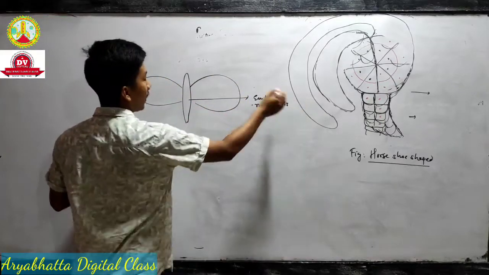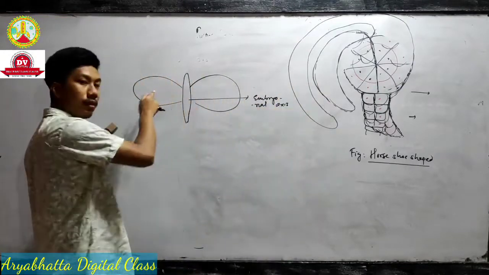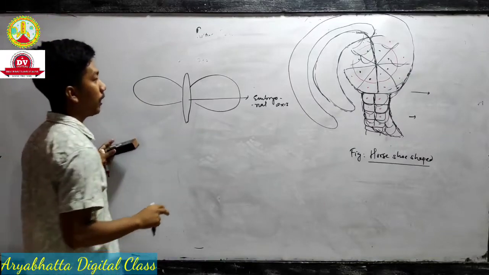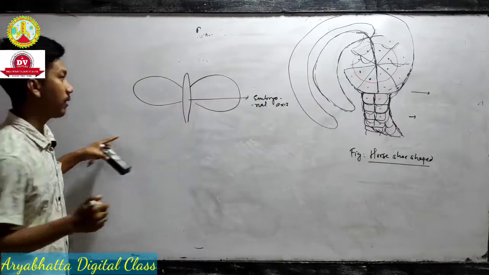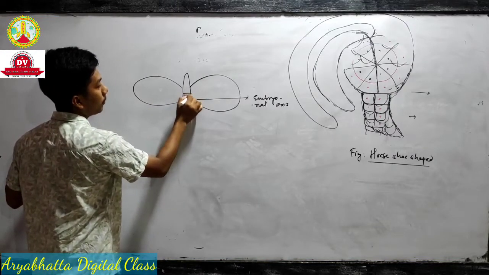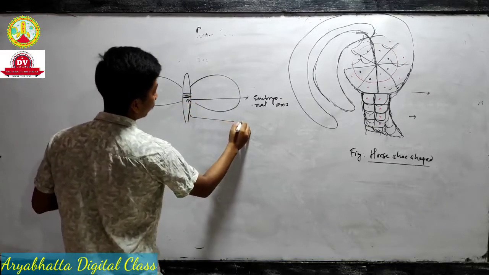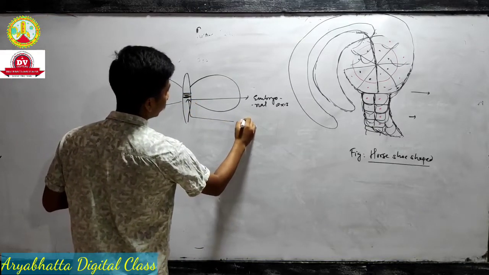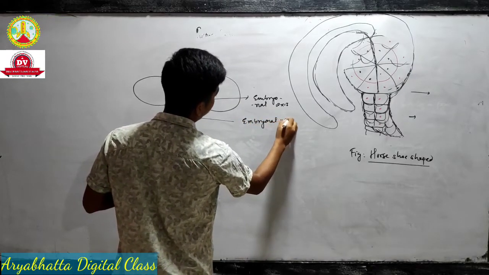The first one bends in such a way that it becomes like this. The other part becomes like this, and the middle part becomes the embryonal axis. So we have two cotyledons. The middle region of the embryonal axis is known as the embryonal node.